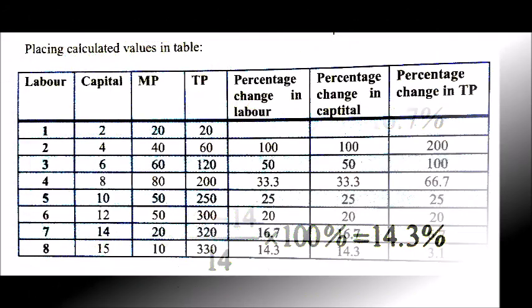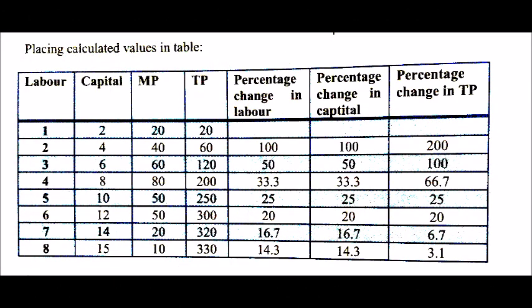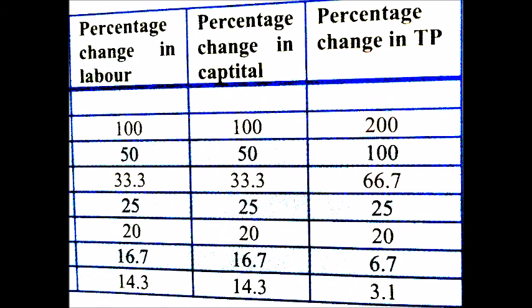Now let's look at the graph. All that we've calculated for the TP, we have plotted our TP. Look at the schedule. The schedule is there. TP, you can see from 20, 60, 120, 200, 250, 300, 320, 330. Then the percentage change in labor is also there. You have 100, 50, 33.3, 25, as it goes on.